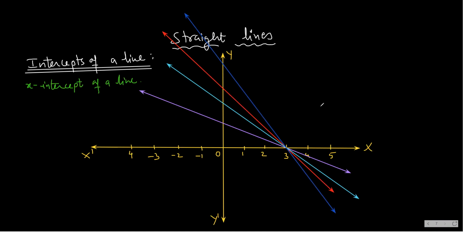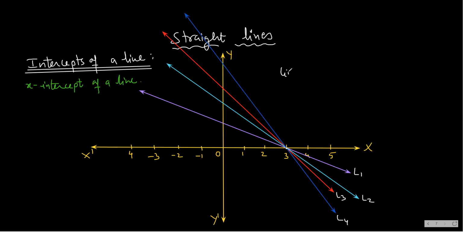If I call all these lines as L1, L2, L3, L4, then I will say that these lines have x-intercept as 3. What is their x-intercept? The x-intercept is 3. Why? Because they all are meeting x-axis at 3.